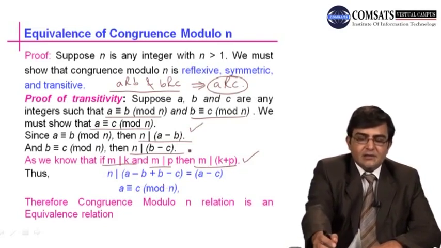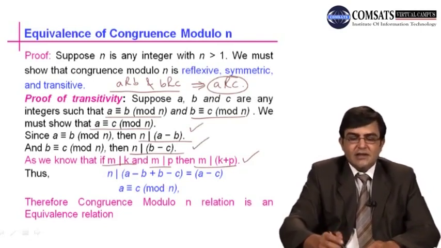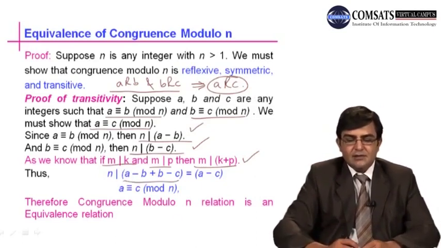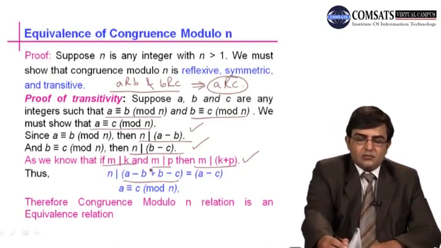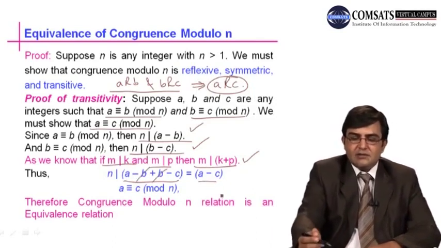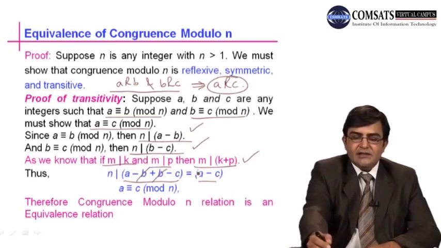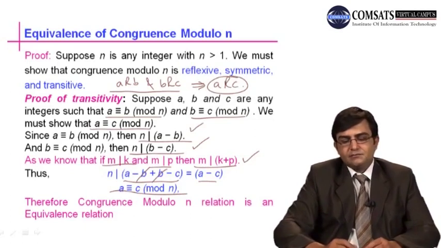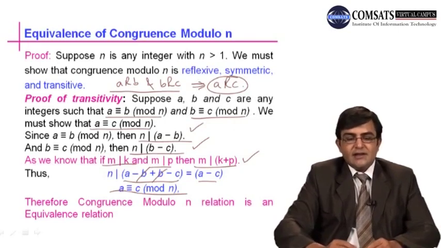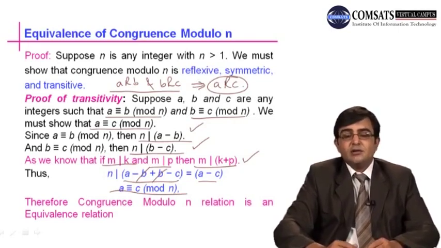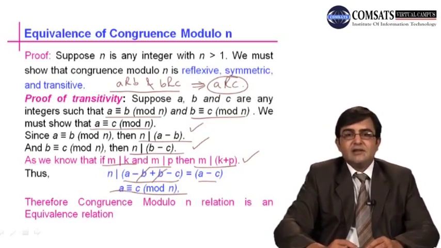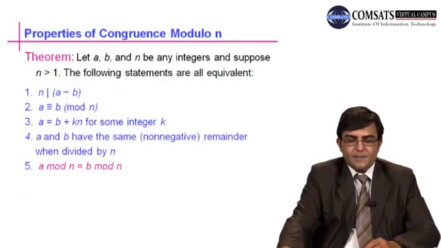If n divides a minus b and n divides b minus c, then n divides the sum of both, a minus b and b minus c. So we can cancel out b, and this is equal to a minus c. What does it mean? n divides a minus c. Therefore a is congruent to c mod n. Therefore this relation is transitive, and we can say that the congruence modulo n relation is reflexive, symmetric and transitive. Therefore this relation is an equivalence relation.